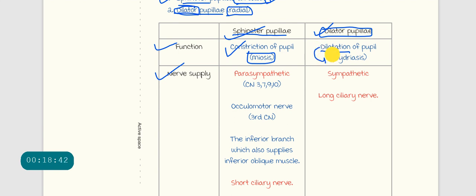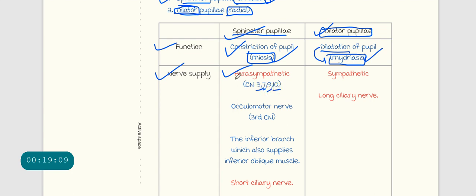Very easy. The nerve supply to the sphincter pupillae is by the parasympathetic nerves, and these cranial nerves are 3, 7, 9 and 10 respectively. These are the parasympathetic supply to the sphincter pupillae.